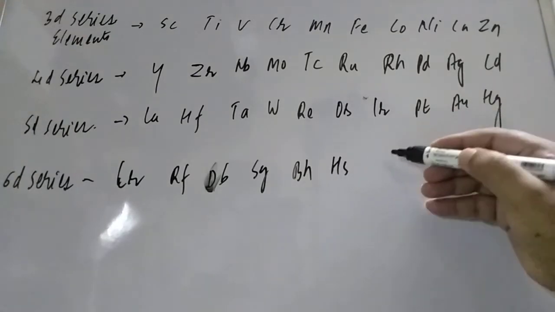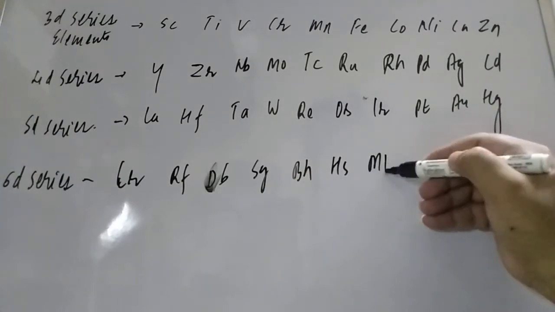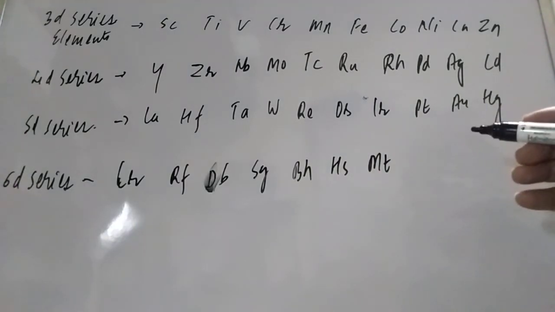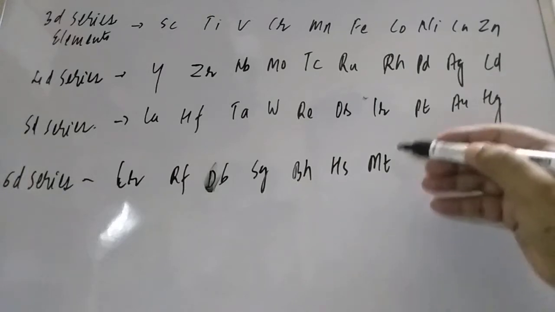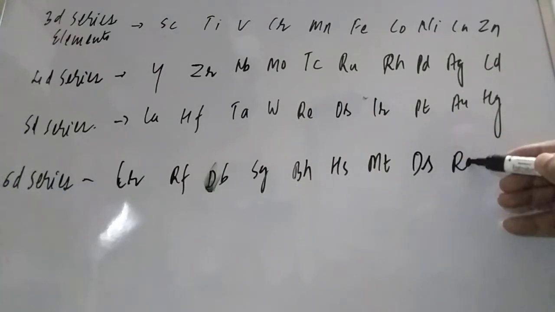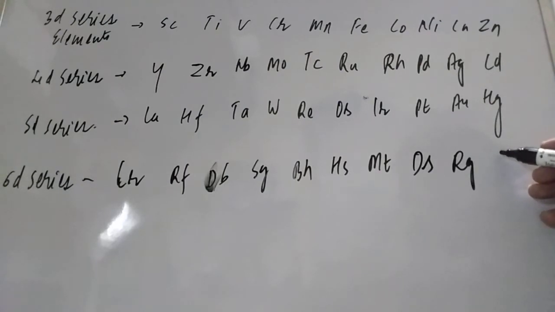Next one is Mt, meitnerium, then Ds, then Rg, and the last one is Cn.